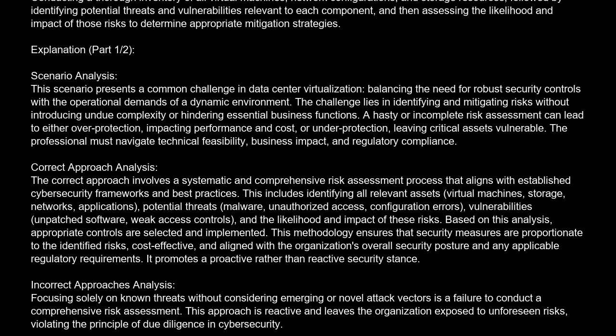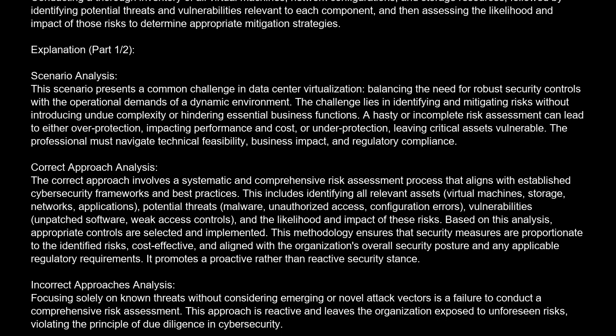Correct approach analysis. The correct approach involves a systematic and comprehensive risk assessment process that aligns with established cybersecurity frameworks and best practices. This includes identifying all relevant assets (virtual machines, storage, networks, applications), potential threats (malware, unauthorized access, configuration errors), vulnerabilities (unpatched software, weak access controls), and the likelihood and impact of these risks.